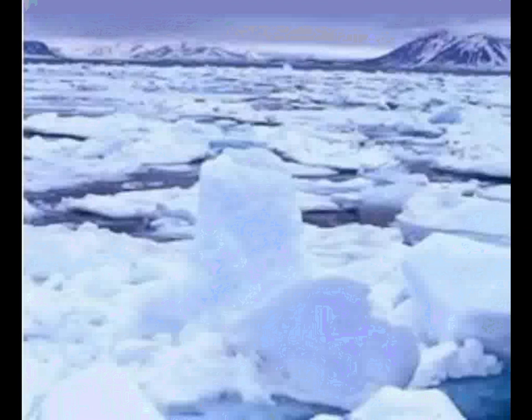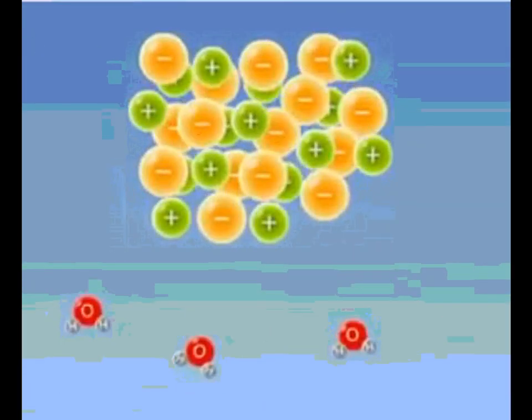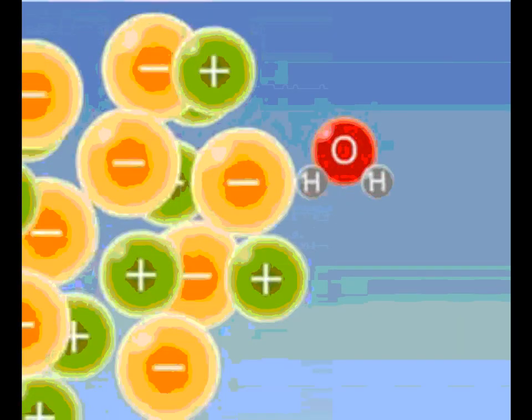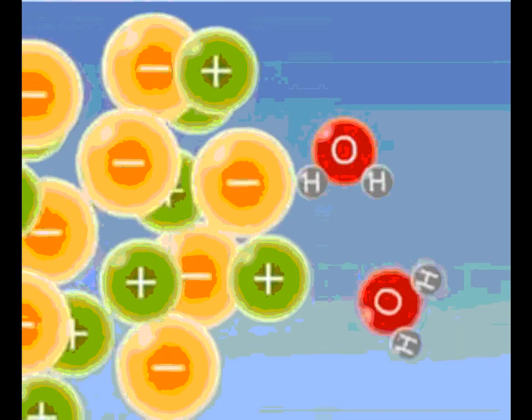Relatively large empty spaces in the crystal lattice account for the low density of ice, and also explain why ice floats on liquid water. When an ionic solid is added to water, the polar ends of water molecules are attracted to ions on the surface of the crystal. Positively charged hydrogen atoms bond to anions, while oxygen atoms bond to cations.